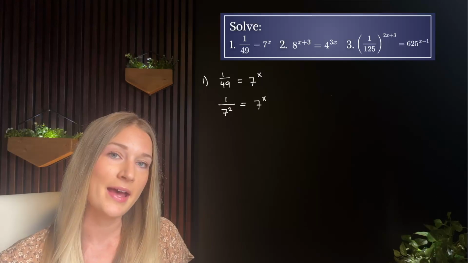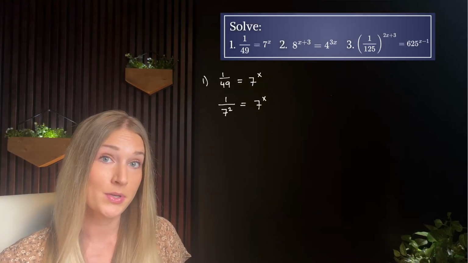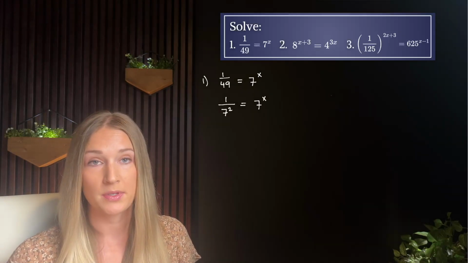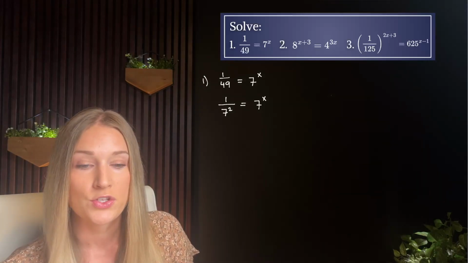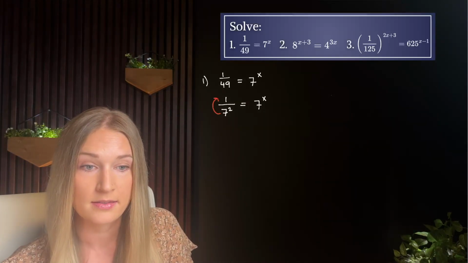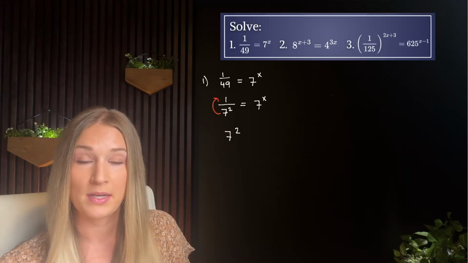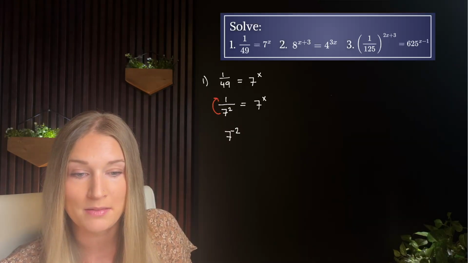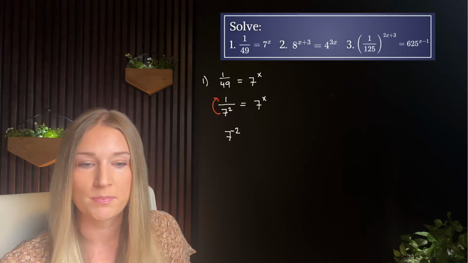But on the left, our 7 is in the denominator. I'm going to use our properties of exponents that says negative exponents will move your base to the other side of the fraction. So I can move my 7 up to the numerator, but now I need to tell you it doesn't belong there, and I do that by making my exponent negative. Whenever you move, you multiply by what's already there.